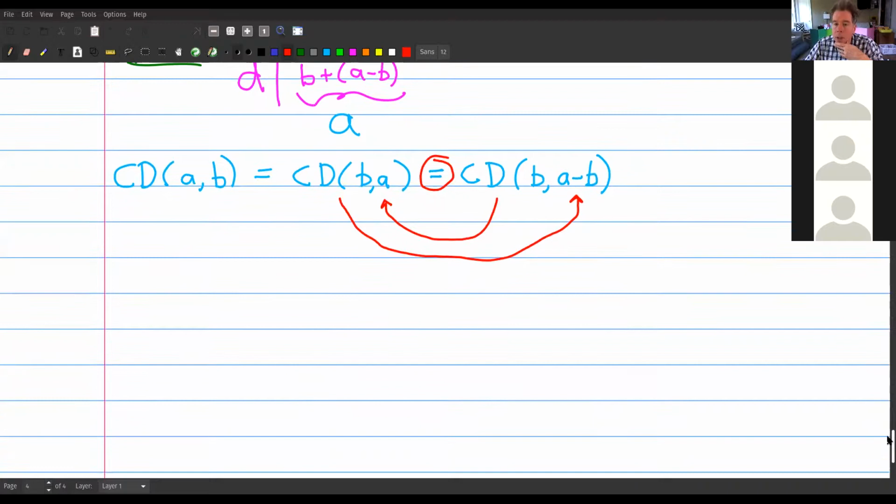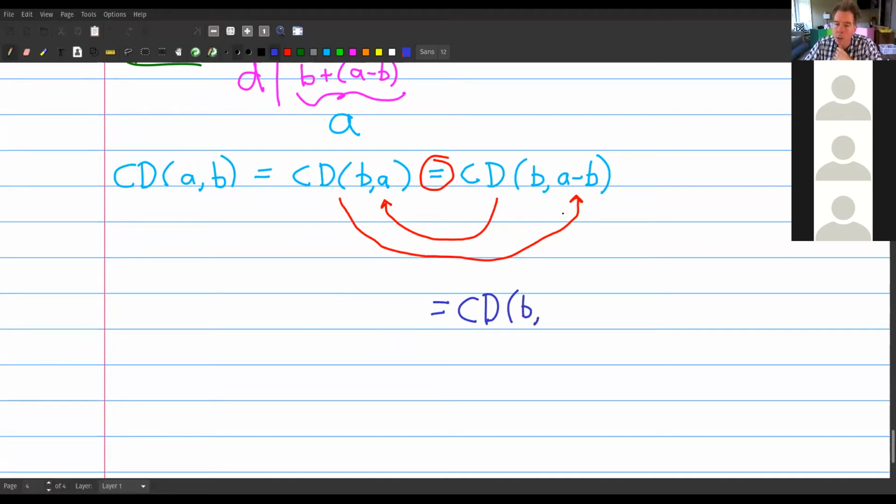And this is the fact that provides the gas for Euclid's algorithm. This is what makes it go. So what did I do? I had b and a, and then I took b away from a. So I just subtracted the first coordinate from the second coordinate. Because that was true the first time, it's going to be true any number of times.